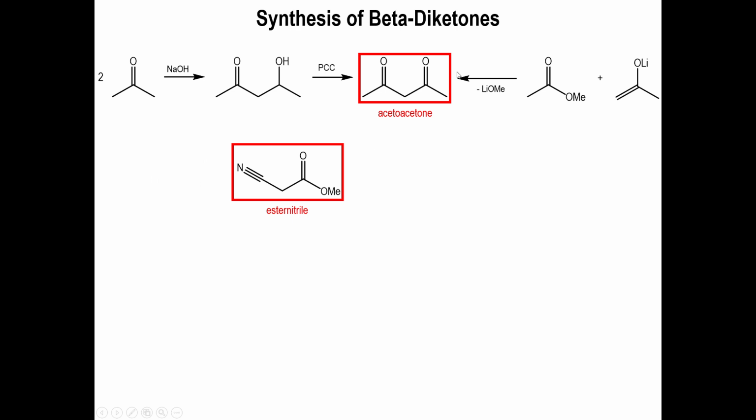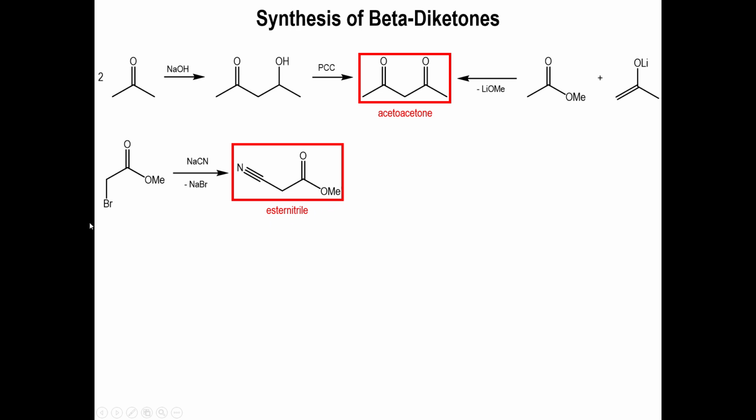A derivative of the diketone is the ester nitrile, which, although this is not a carbonyl compound, still withdraws electron density enough to make the alpha hydrogen acidic enough. The way you can make this is by simply doing an SN2 reaction on the monobrominated ester with sodium cyanide.